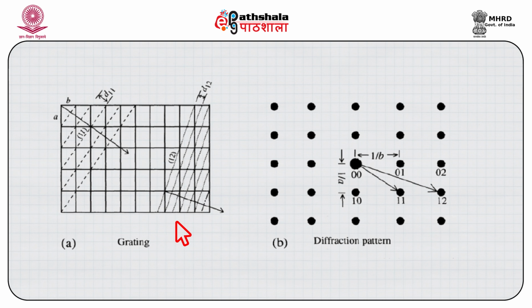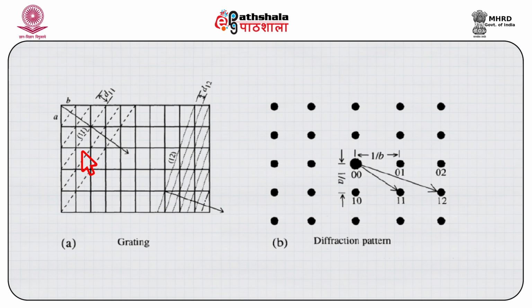In the first diagram, we see the real object, and in the second diagram we see the diffraction pattern, that is A figure represents the grating and B represents the diffraction pattern. Following the normal and reciprocal relationship, the distance between the succeeding plane which cuts the A and B axes at unit distance is marked as D11, D with a subscript 11.